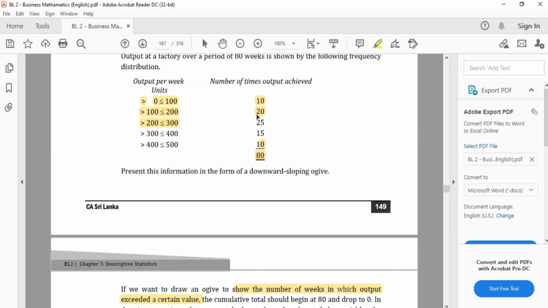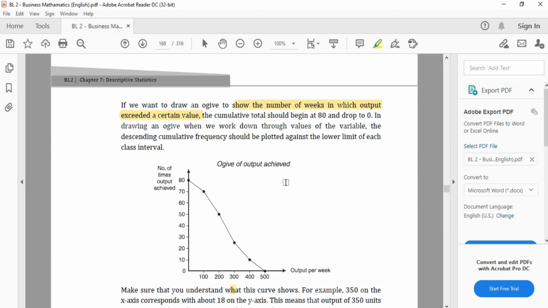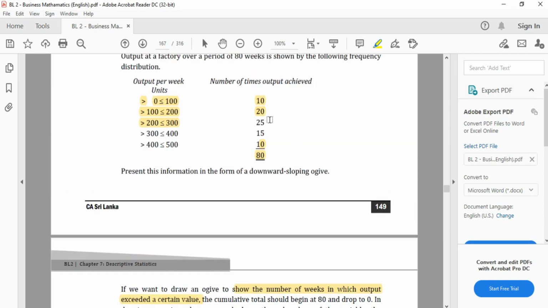Not 20, the cumulative will be 30, and then the cumulative 50, then 65, then 75. Likewise, you will be plotting it upwards and it won't be a meaningful representation of how many weeks we took for a particular category.